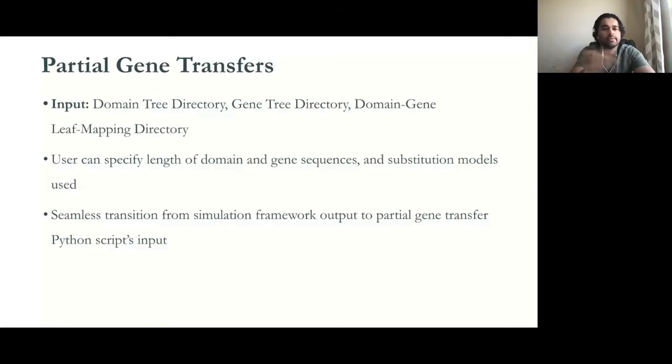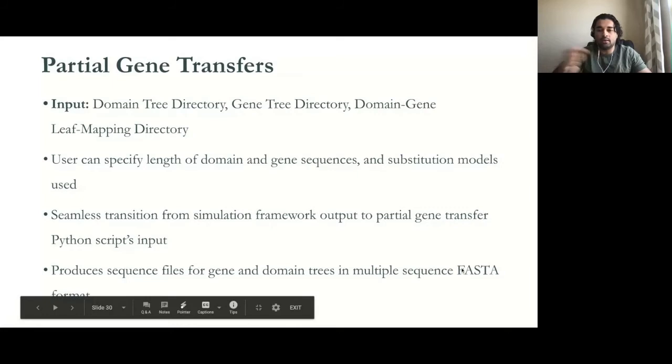And this results in a seamless transition from the simulation framework itself in terms of the outputs that it generates to then easily use those to come up with these partial gene transfer scenarios where you can get these sequences of genes with embedded subgene transfer level events.